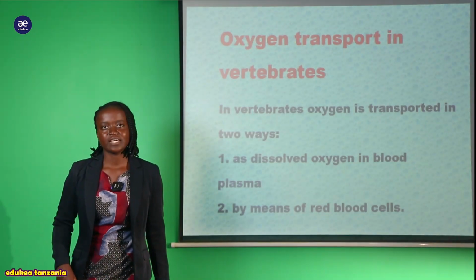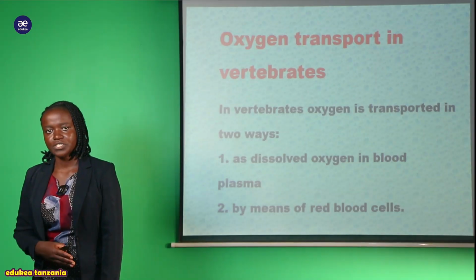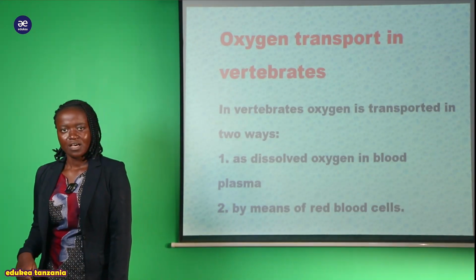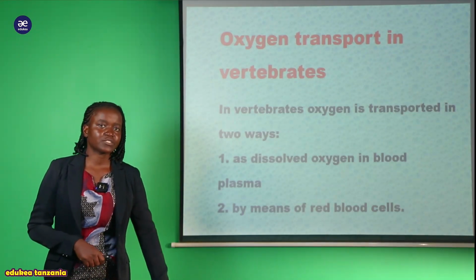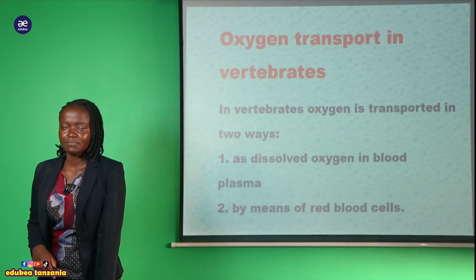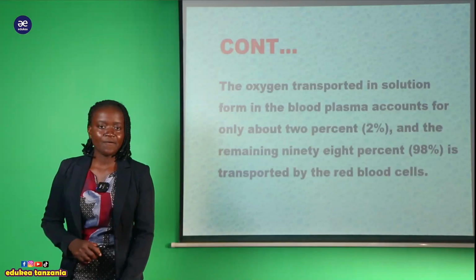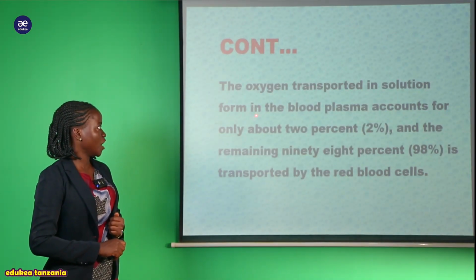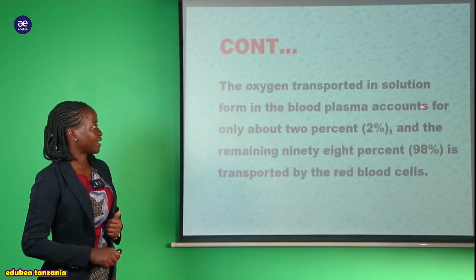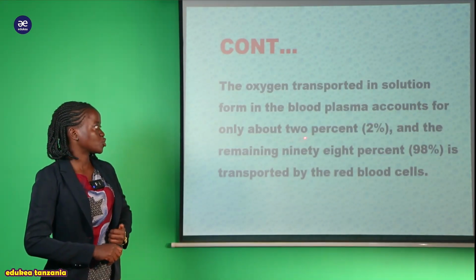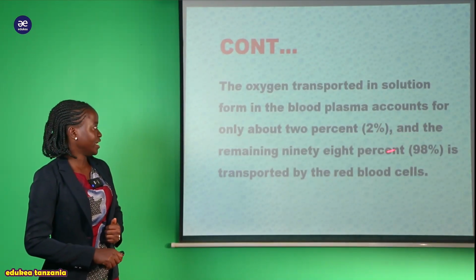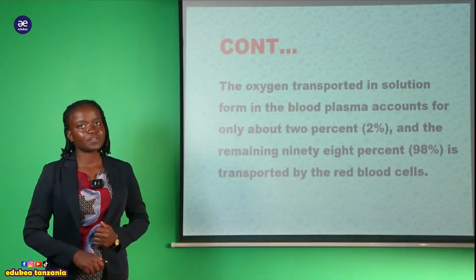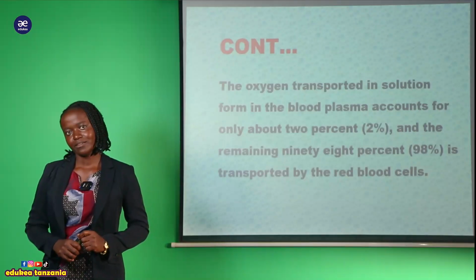We're going to see how oxygen is transported dissolved in plasma, and how oxygen is transported by means of red blood cells. Now we can say that the oxygen transported in solution form in the blood plasma accounts for only about 2%, and the remaining 98% is transported by means of the red blood cell.